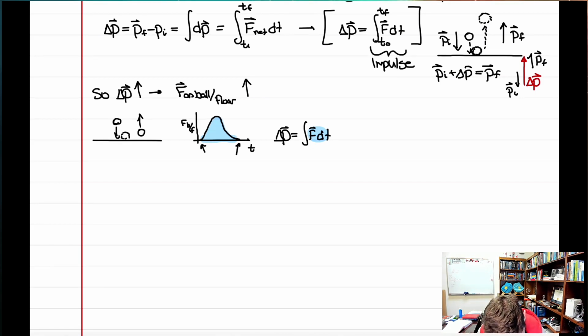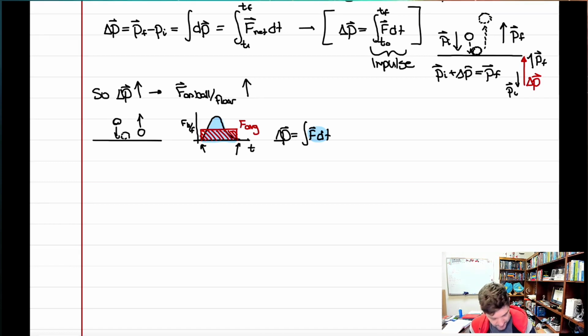It's supposed to be a rectangle. As having some average value, technically a vector, but this is all 1D, such that this area is the same area as the area I shaded in blue.